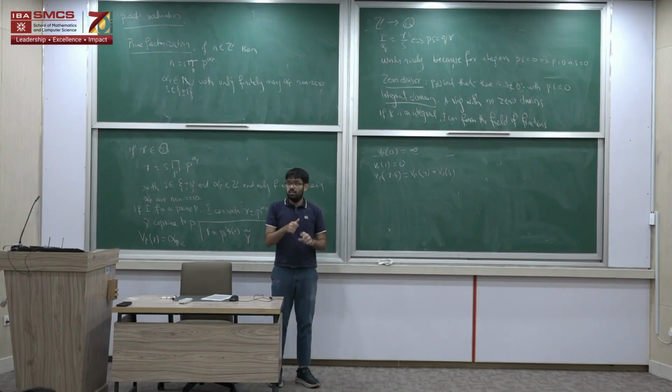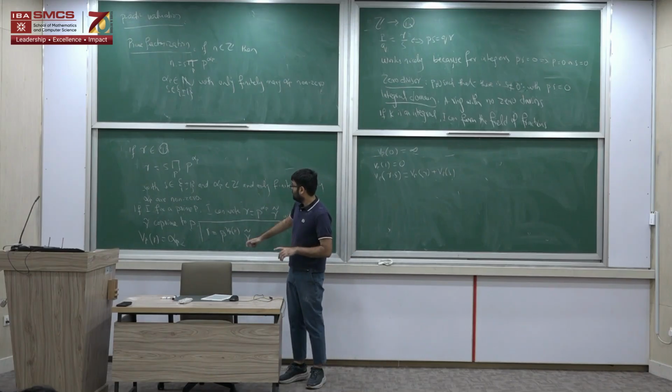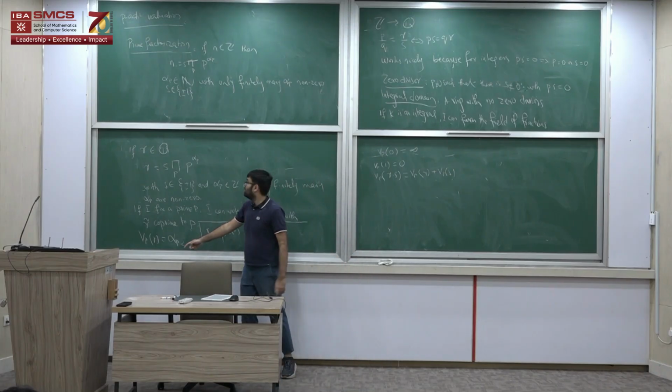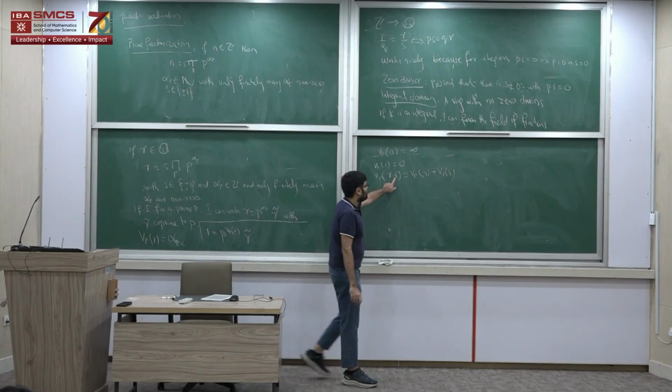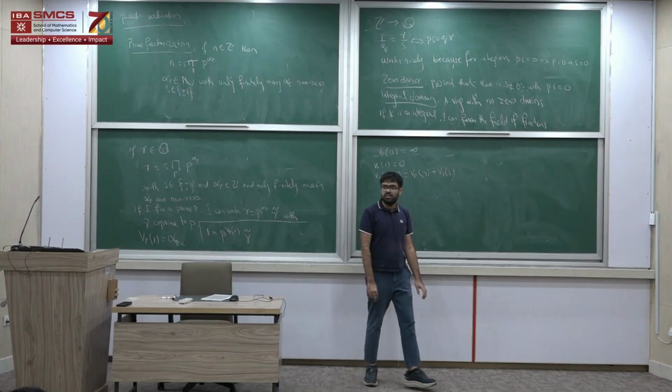Is this s the same as here? As V? No, this is just some number. So, this is just some rational number. r and s are two rational numbers.